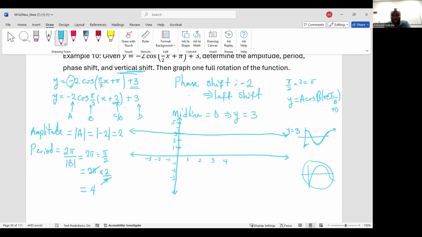But there is one more thing we need to consider, the phase shift. Meaning it is not starting on this normal vertical line. It has shifted to the left, shifted 2 points, 1, 2 here. So that means our vertical line is somewhere here.